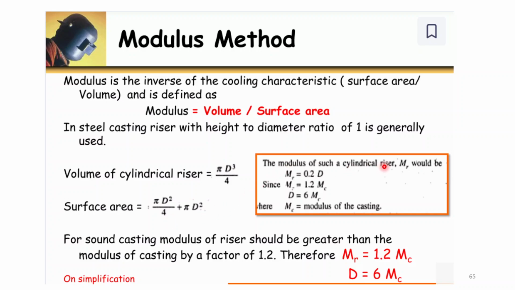The modulus of such a cylindrical riser would be d upon 6, since Mr equals 1.2 times Mc, your d will be 7.2 times Mc, where M is modulus of casting. So for sound casting, the modulus of riser should be greater than the modulus of casting by a factor of 1.2.